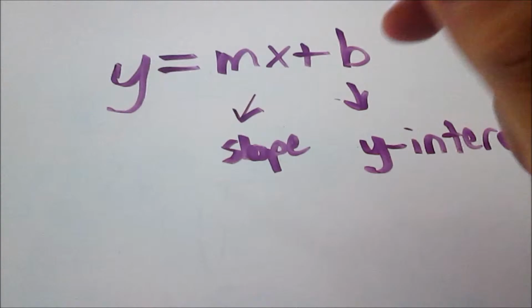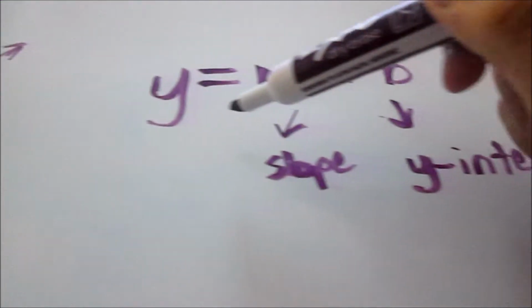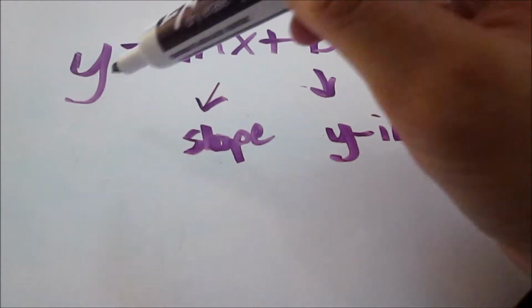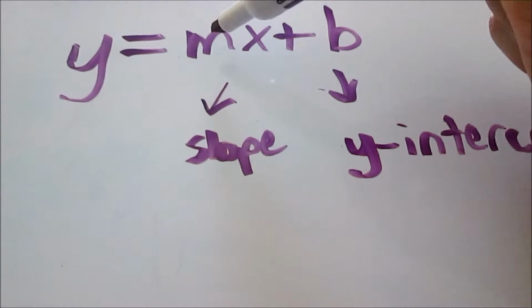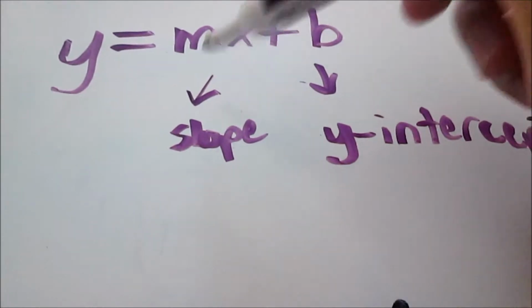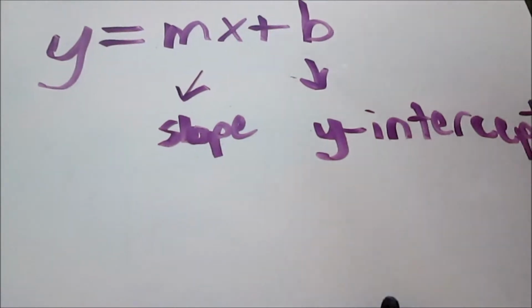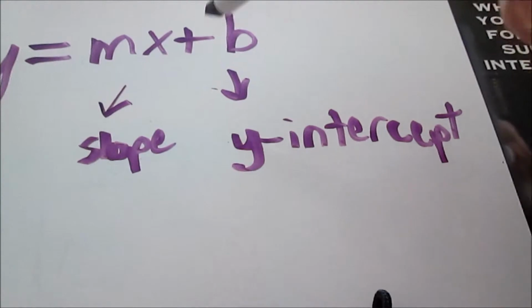So again, the equation for a linear function is y equals mx plus b. This is just the basic way it's written, and m will be a number. The slope, it will just be any number depending on what the situation is, and b will be another number, again depending on what the situation is.